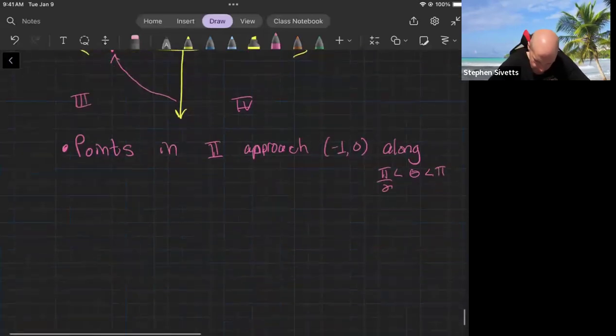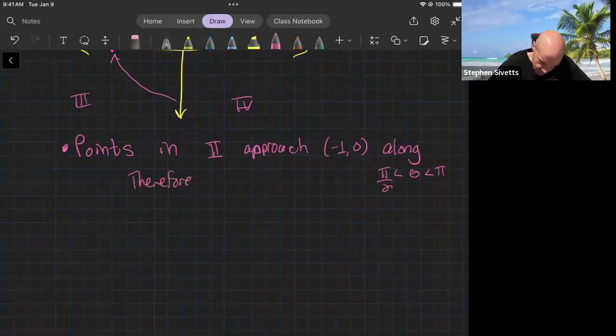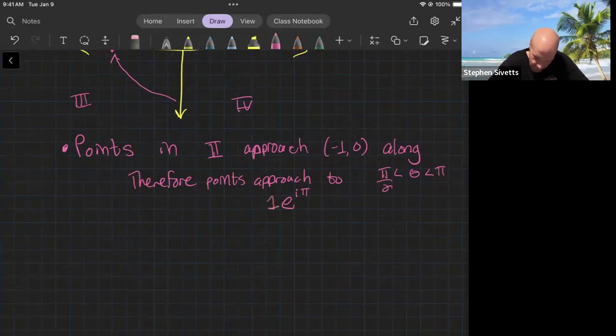On up to pi. So therefore, the points approach 1 times e to the i pi.